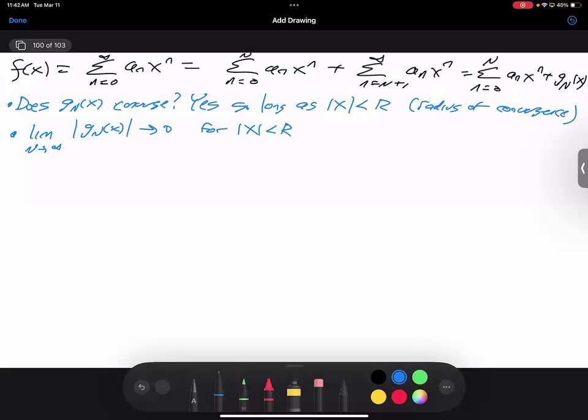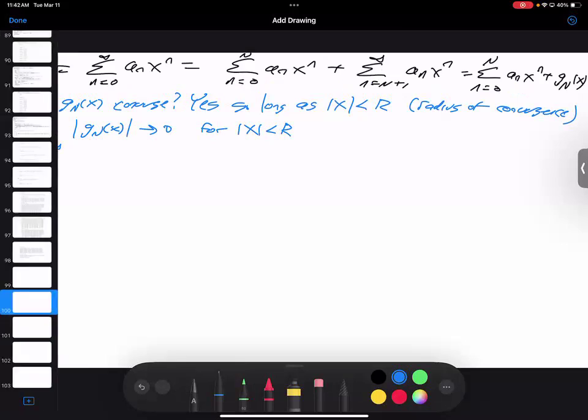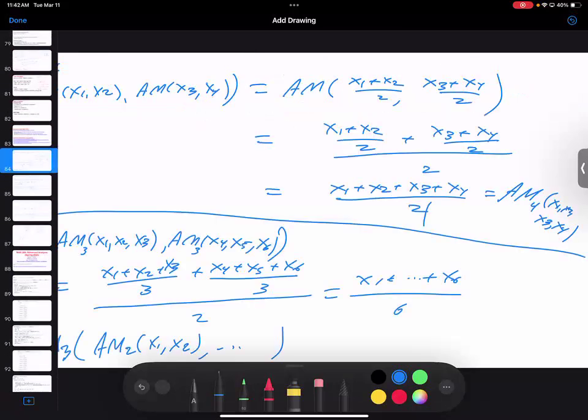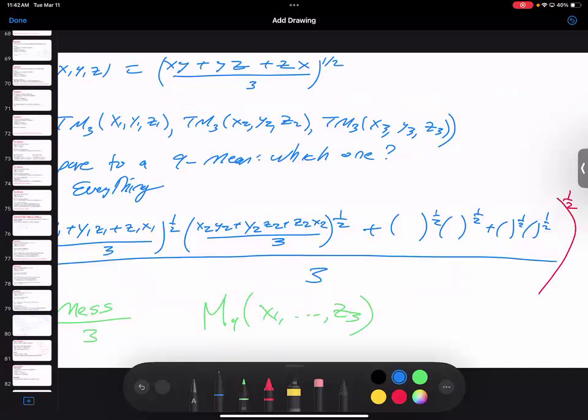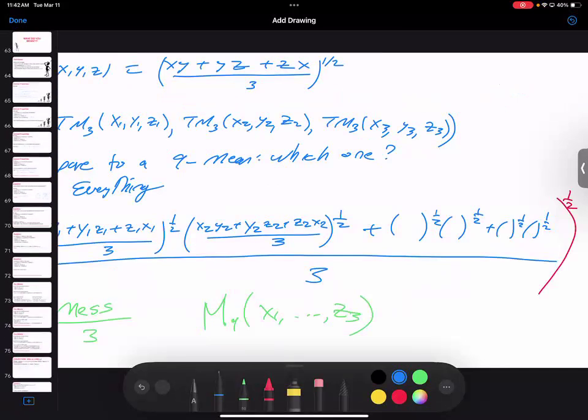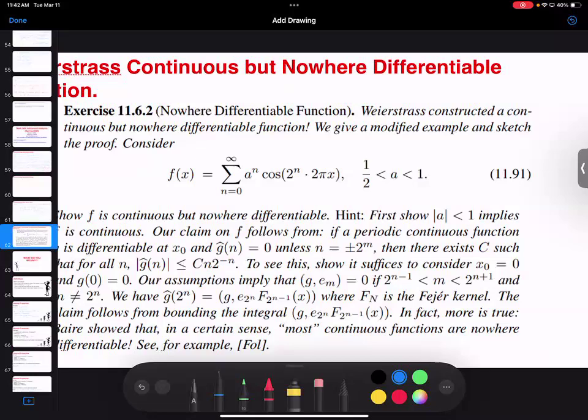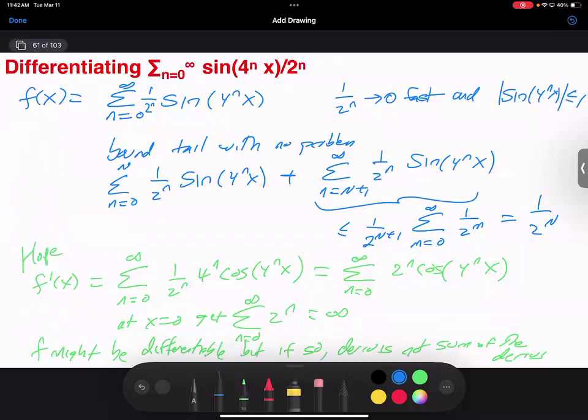What about the derivative of G_N of x? Initially, we don't know. And again, I don't know if I can quickly find where we had the bad function. Is it here? Yeah, here it goes. This is what's so nice about having all the slides.